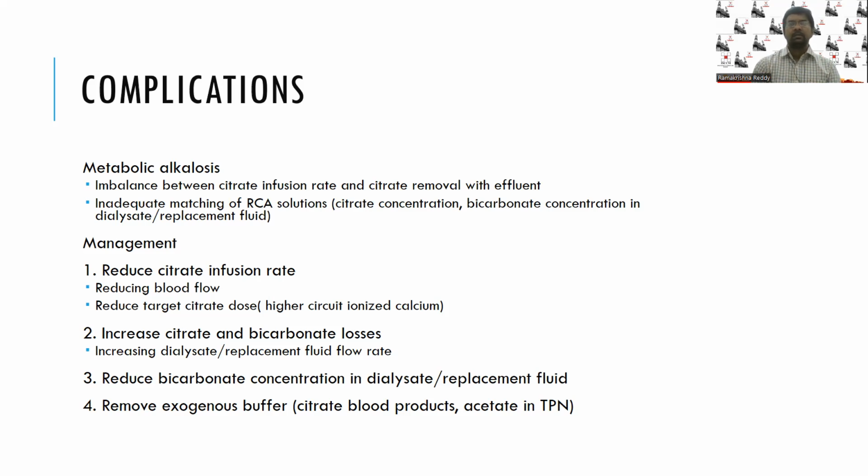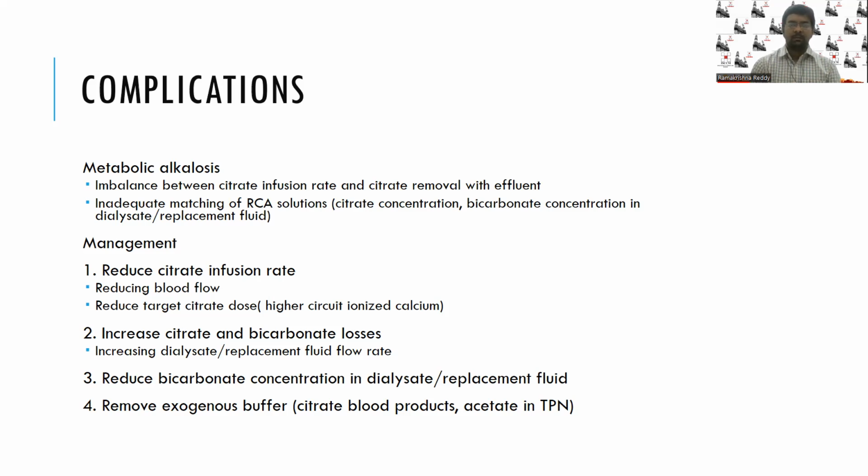Not only that, increase the citrate or bicarbonate loss by increasing the dialysate or replacement fluid rate. Now, the third option is you can reduce the bicarbonate concentration in the dialysate or replacement fluid preparation so that the bicarbonate concentration reduces.